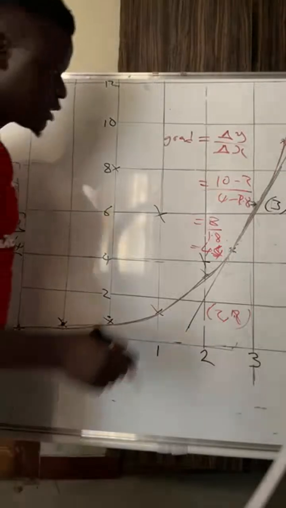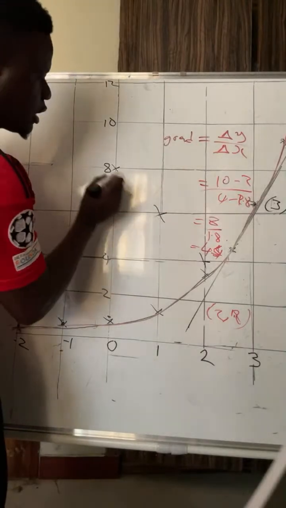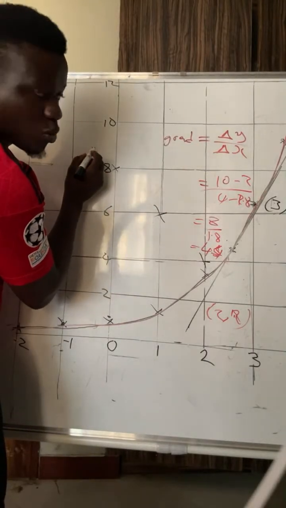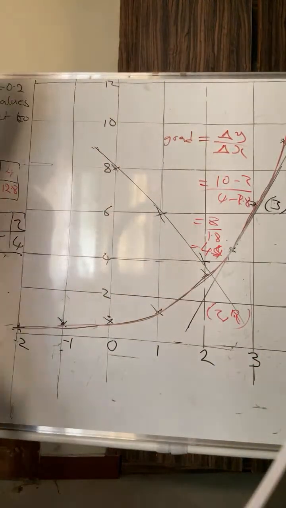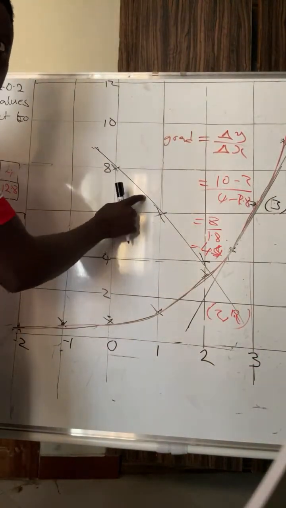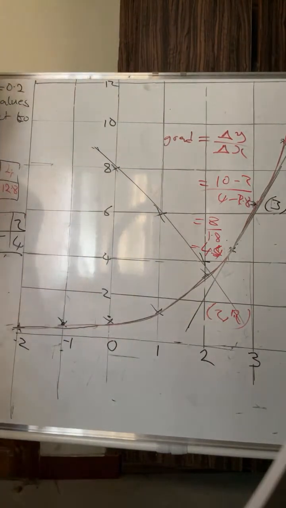Then this is a straight line. This was even the equation of a straight line. This is a straight line.